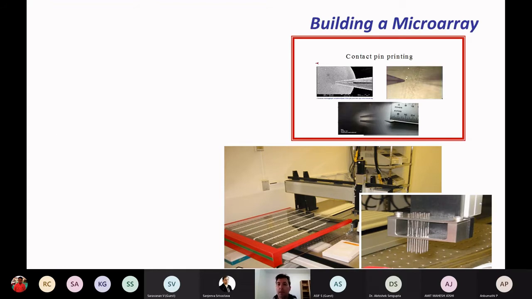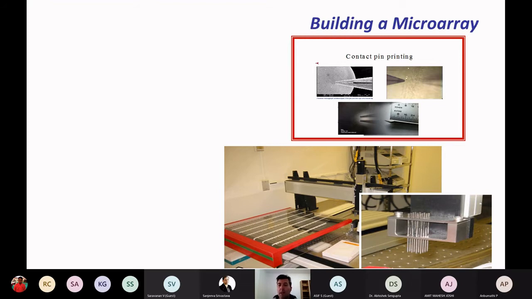To get the microarrays, we can use different pins in the robot. They can be solid pins or pins with a reservoir. There are now piezoelectric microarrayers that work like a normal printer.